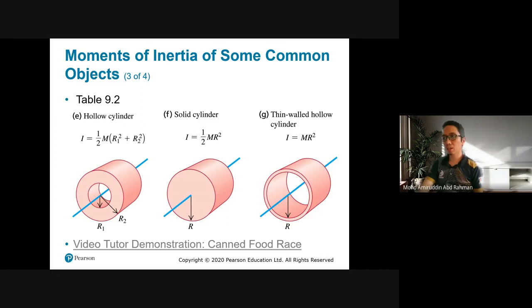Which one has a bigger moment of inertia? You can compare within those three. Which one has the biggest moment of inertia? Of course, it is the solid one.